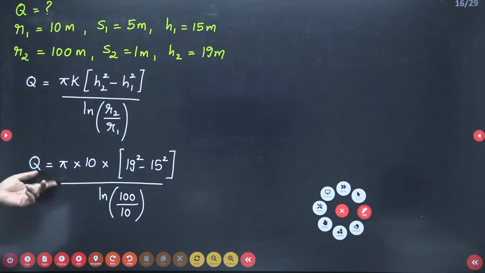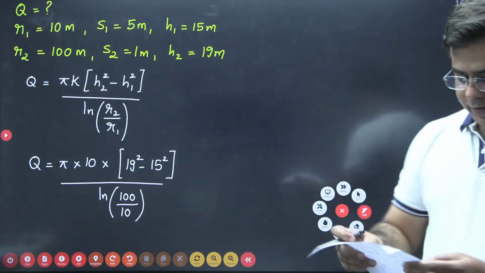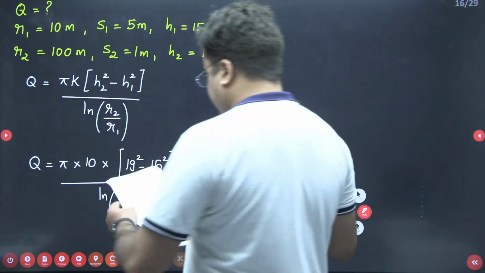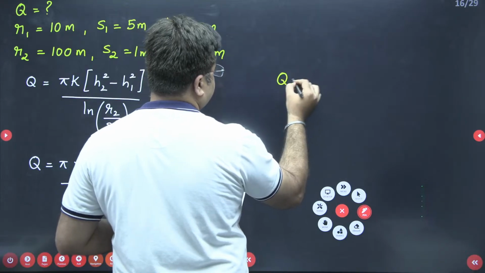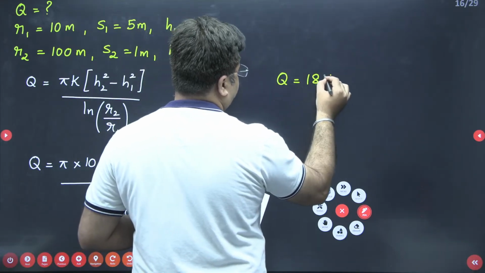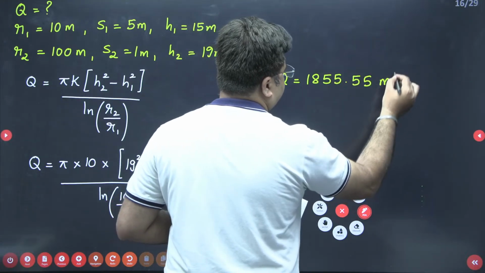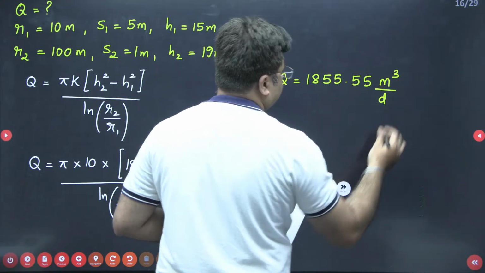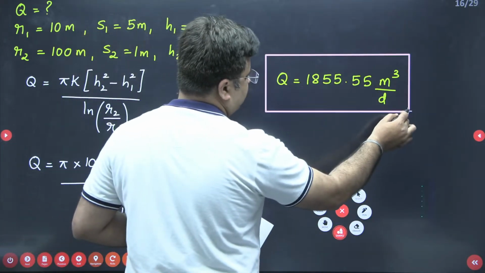After solving this, you can calculate the discharge, and it will come out in meter cube per day. So discharge Q is 1855.55 meter cube per day. This is my final answer for the discharge.